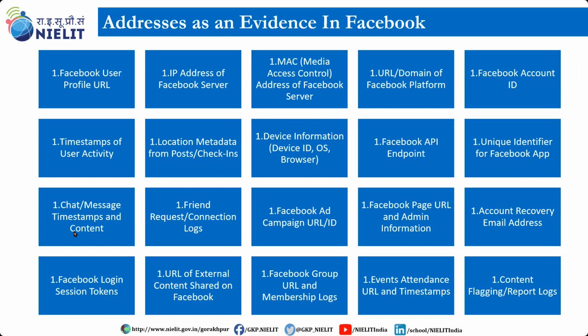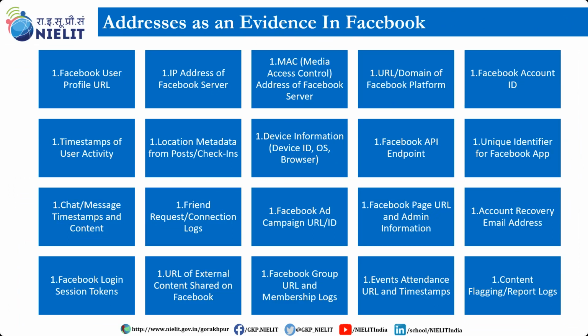then chat message, timestamp and content, then Wi-Fi devices associated with it. Because when we are talking about the client IP address, this client IP address can come from the internet service provider on the mobile, or it can come from Wi-Fi, it can come from the mobile service provider, internet services, 3G, 4G.